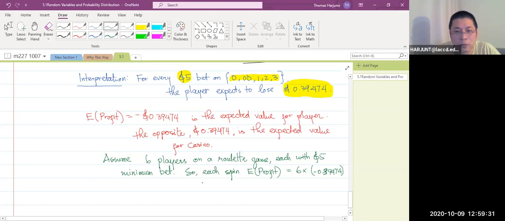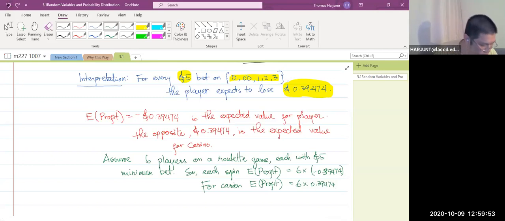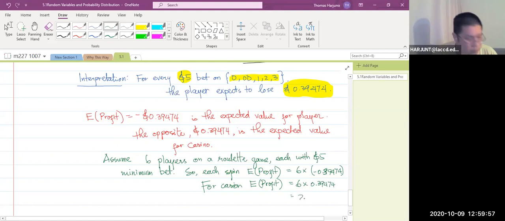For the casino, the expected profit will be the opposite. Let me look at my calculator, multiplied by 6. I get 2.36842.